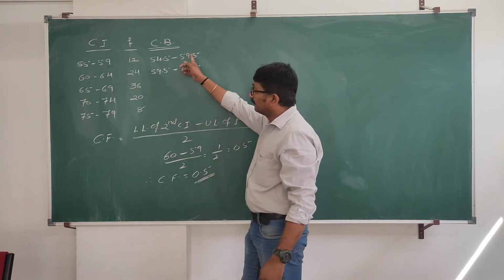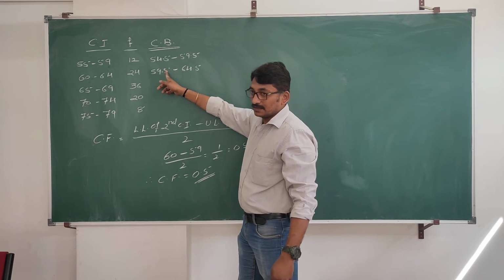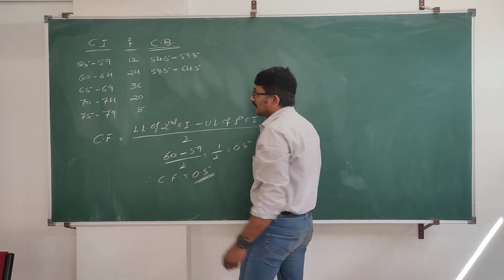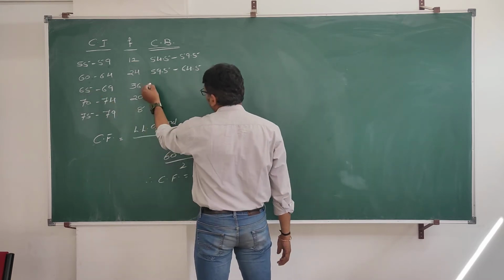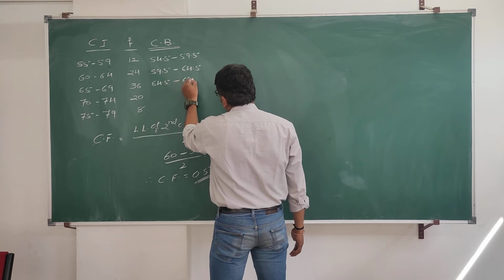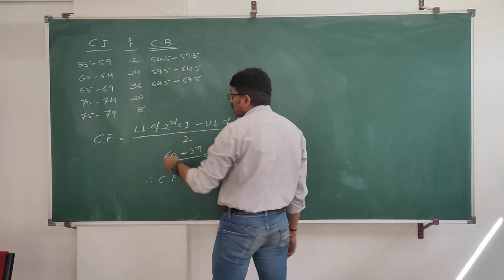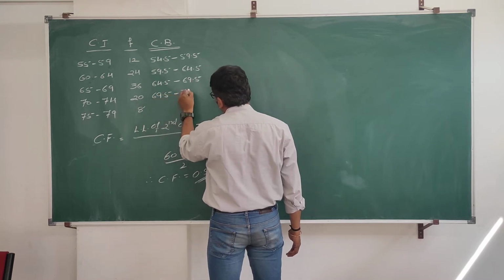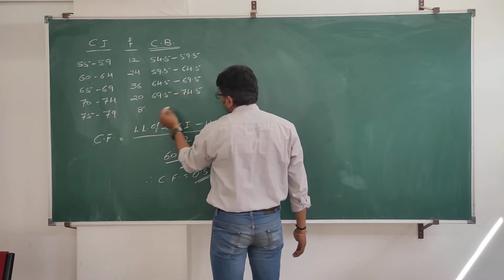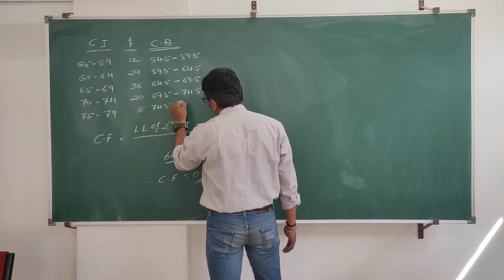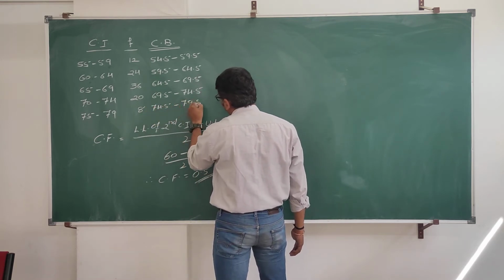Now see, your upper limit is repeated or not? Correct? So when upper limit is repeated, it is treated as exclusive. Now 65 minus 0.5 is 64.5 to 69.5, then 69.5 to 74.5, and last is 74.5 to 79.5.